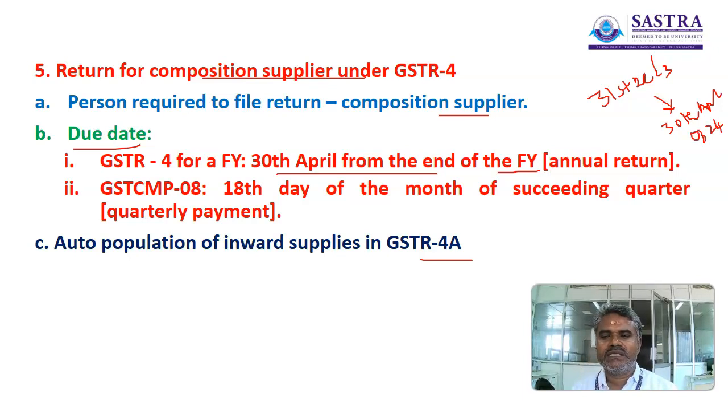Okay. CMP 08, 18th day of the month of the succeeding quarter. The next quarter: January, February, March is the first quarter, April, May, June is the next. So the 18th day of the month of the succeeding quarter. So May 18th. The next month is May and the 18th day of the month. So this is very, very important.